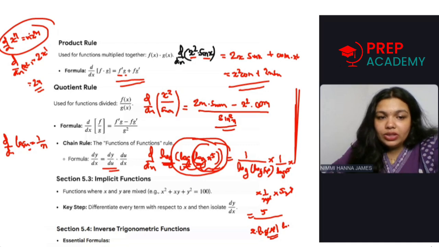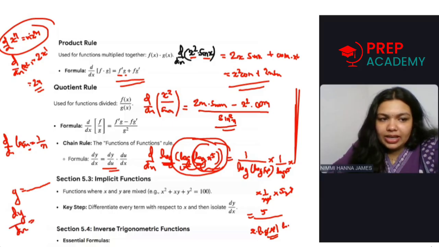So if we have a composite function, we can differentiate it this way. Then implicit functions, we are also dealing with implicit functions in this chapter. In some cases, if we have y equal to something, we can easily find dy by dx just by differentiating.